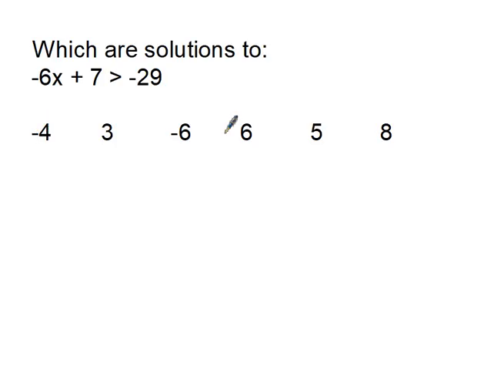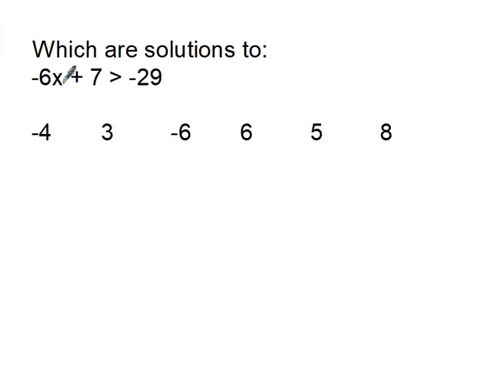You could take each of these numbers and plug it in place of x and see if it creates a true inequality here. Or you could solve this inequality and then see which of these numbers applies to being a solution to the inequality.